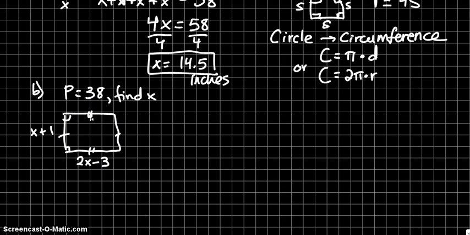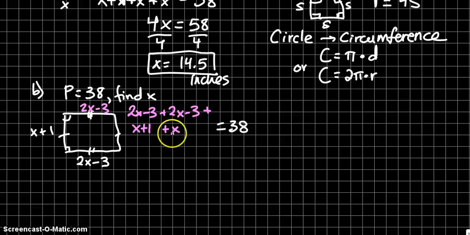All right, so once again, add up all your sides, set it equal to the perimeter. This is a situation where you could use the shortcut that I talked about, 2 times the length plus 2 times the width, if you want to. If that doesn't make sense to you, you can just literally, I have 2x minus 3's, even though that one wasn't labeled. I know that it's going to be 2x minus 3 since it's the same as this side, being a rectangle. And I'm kind of running out of space, so I'm making 2 lines, but all of these are being added together.